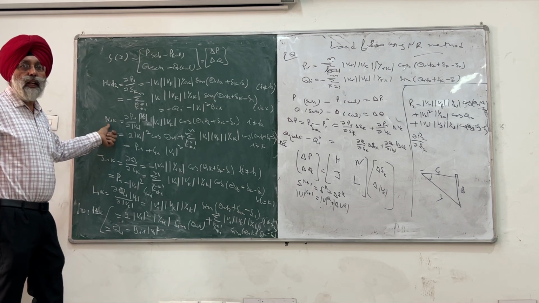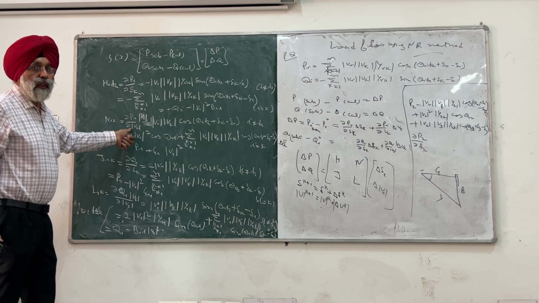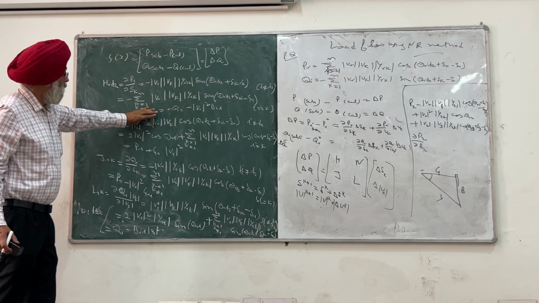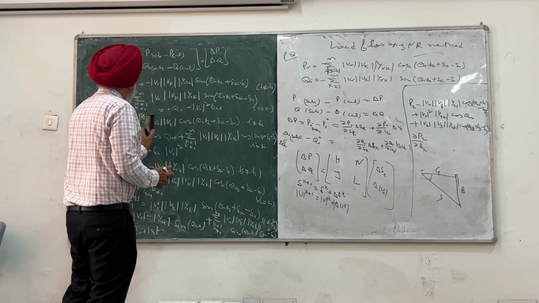Again, the derivative of P with respect to B. If you take a simple derivative of P with respect to B, forget about this Vk and this Vk.